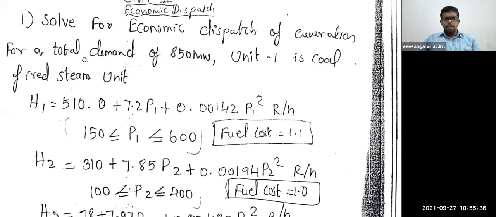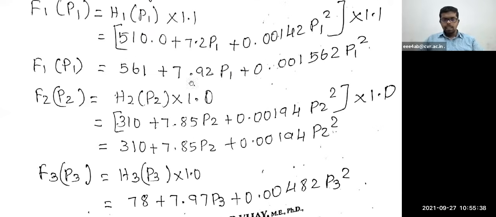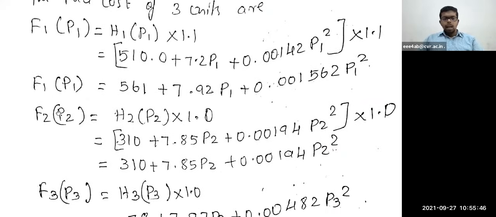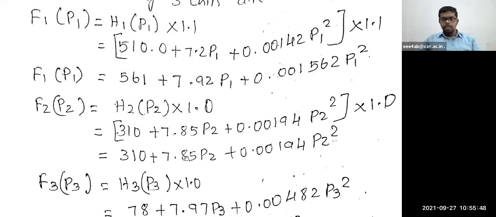Same problem, the fuel cost function is 561 plus 7.92 P1 plus 0.001562 P1 square, and the fuel cost function 310 plus 7.85 P2 plus 0.00194 P2 square.